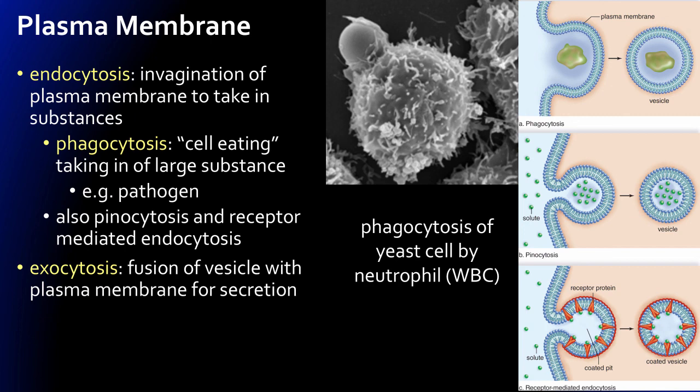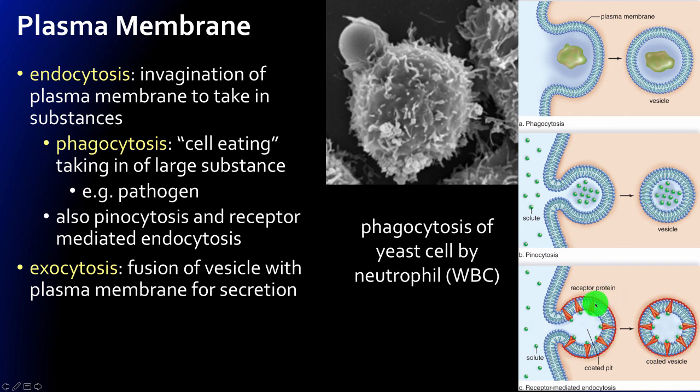Now we do see in the diagram here pinocytosis and receptor-mediated endocytosis as two other forms of endocytosis we're not going to focus on, but you can see that pinocytosis is called cell drinking, that we're just basically taking a swallow of whatever's in the outside environment so that we can take large amounts of things in, but it's not particular stuff, it's just what's out there.